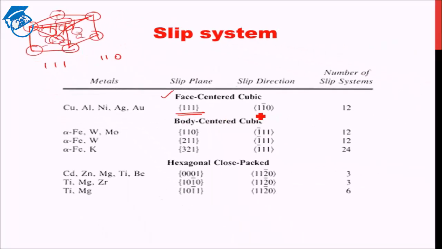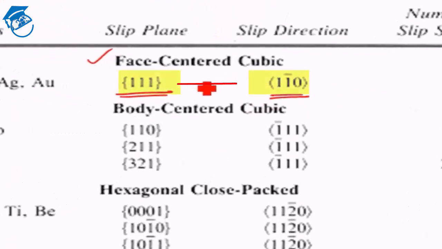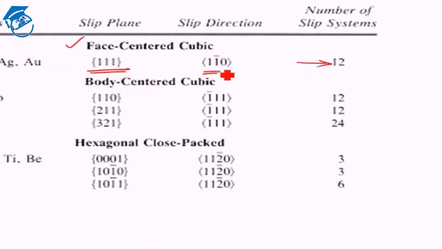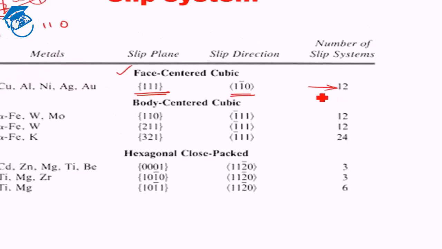Therefore the slip direction for face centered cubic is the 110 direction, or the 1 bar 0 family of directions. Now the combination of this and this gives rise to 12 systems. If you make all the possible combinations of the 111 plane and the 1 bar 0 direction, you will get 12 slip systems for a face centered cubic system.